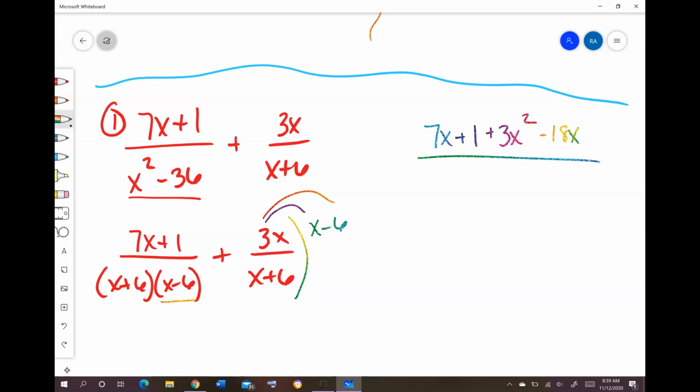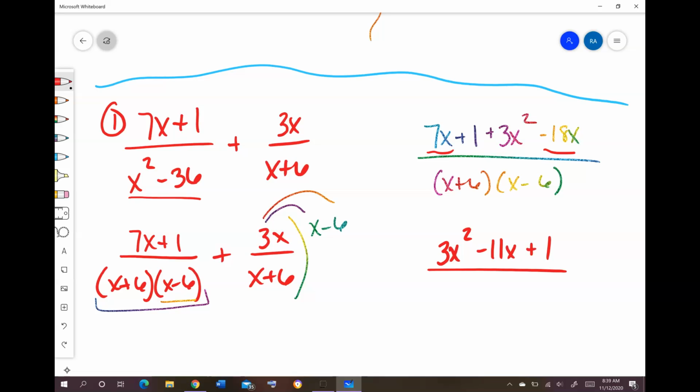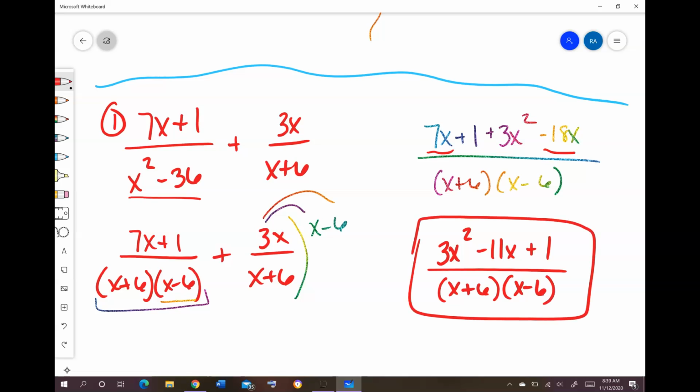Your like denominator is what we were trying to make it look like: x plus 6, x minus 6. Clean up the numerator and put it in standard form: 3x squared, 7x minus 18x is negative 11x, plus 1, over x plus 6, x minus 6. And that would be your answer.